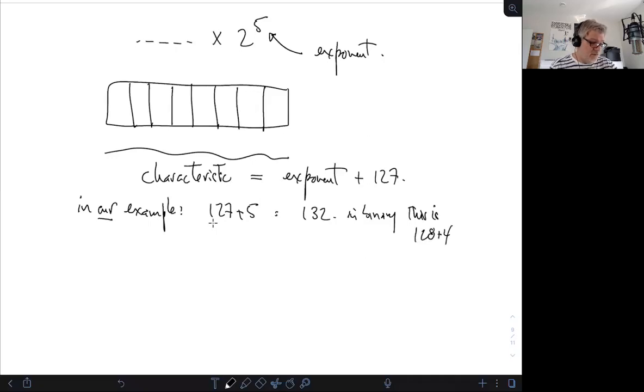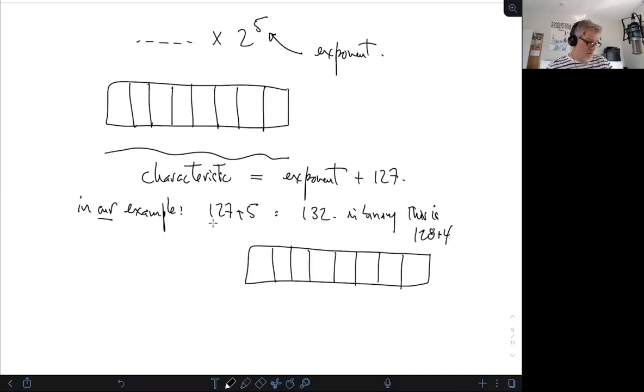It's really easy, right? So this on 8 bits is what you should get in your characteristic field.